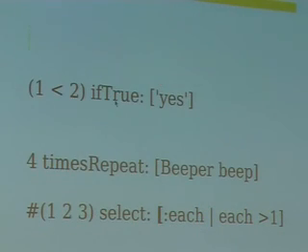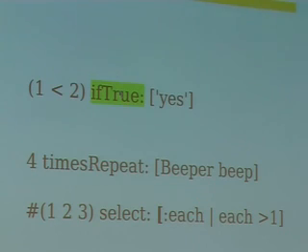For example, here we have a method called ifTrue, and this is implemented on true and false. So if we have here 1 smaller 2 is true, and true implements ifTrue, to just return the value of the block that you give to it.